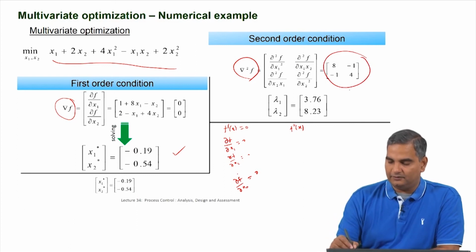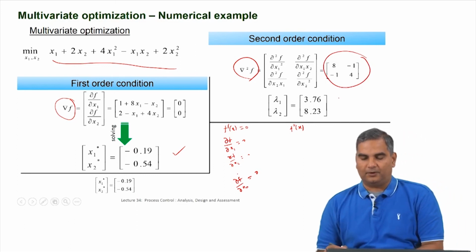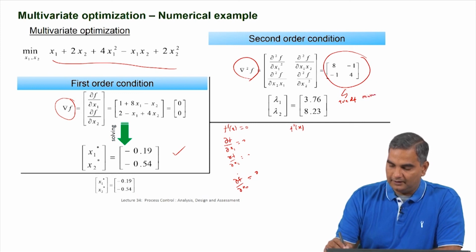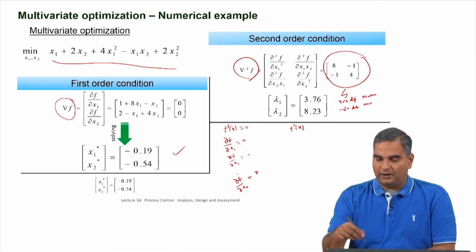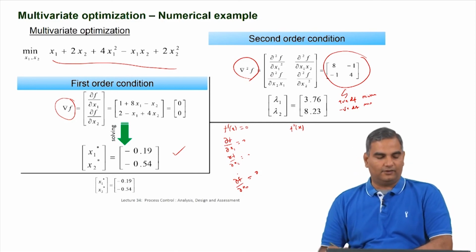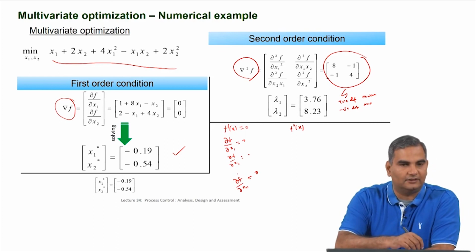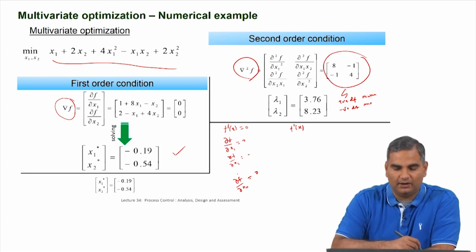Now, if this matrix is what we call positive definite, then this point is a minimum, and if this matrix is negative definite, then this point is a maximum, right. So, I am not defining positive definite, negative definite and so on, but this is how you figure out whether this point is a maximum or a minimum point.